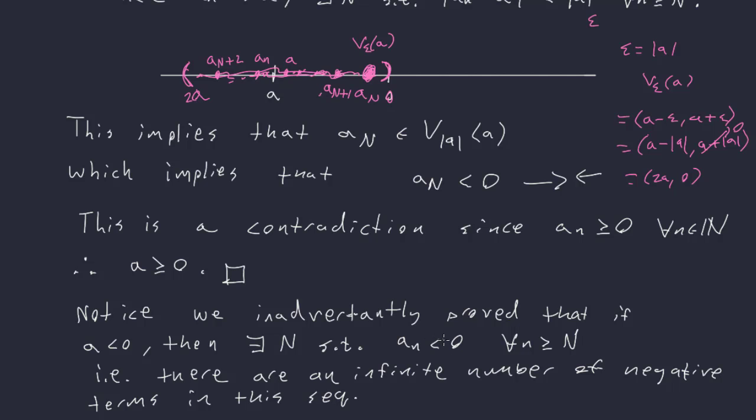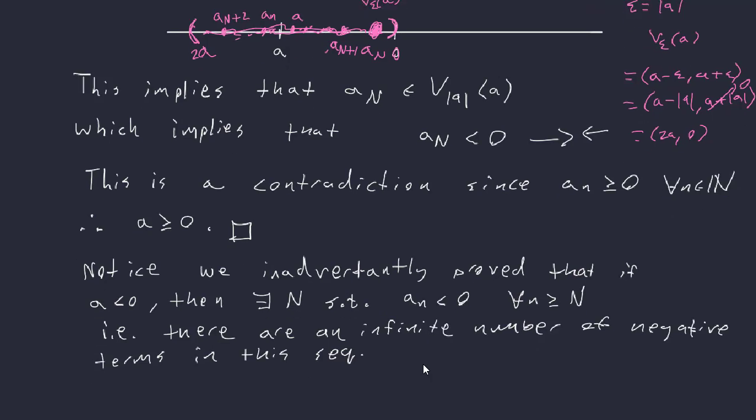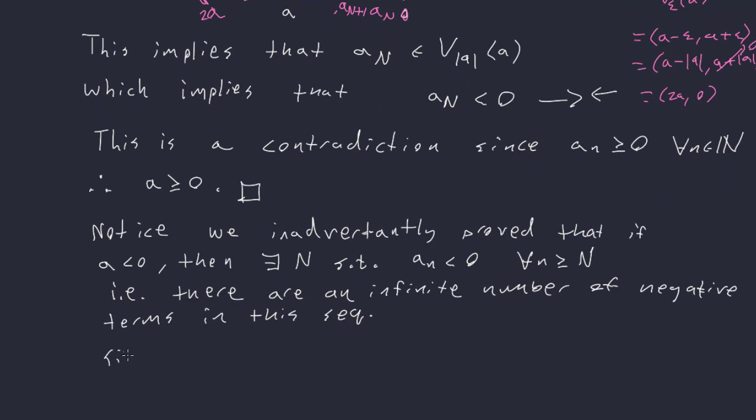Okay, and it works the other way. Similarly, if a is positive, then there exists an n such that all the a(n)s are greater than 0 for all n greater than or equal to this capital N. Now notice, it's not that every a(n) is positive if a is positive, just every one of them past a certain point has to be positive.